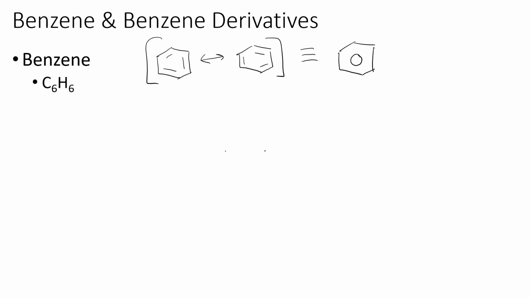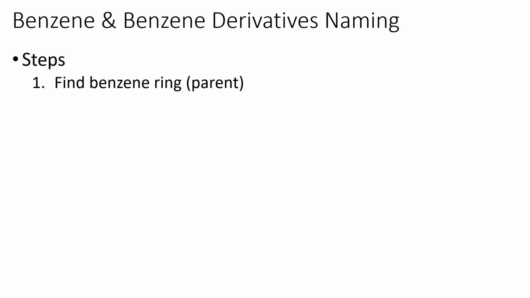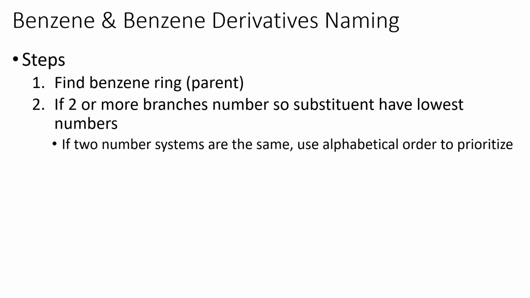So when we get ready to name benzene and these benzene derivatives, so benzene that has substituents associated with it, first we're going to find the parent, which will typically be that benzene ring. If we have 2 or more branches, we're going to number them so the substituents have the lowest numbers.